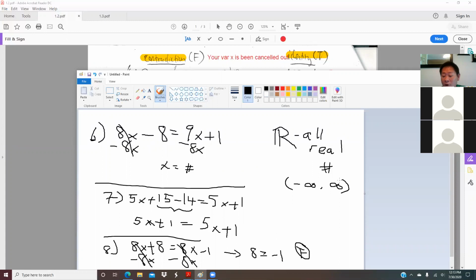So this is what we call all real numbers in interval notation. So I don't care which way you want to give it to me in my test, the capital R or the phrase all real numbers or negative to positive infinity. No matter what you do, I'm still going to accept your answer.